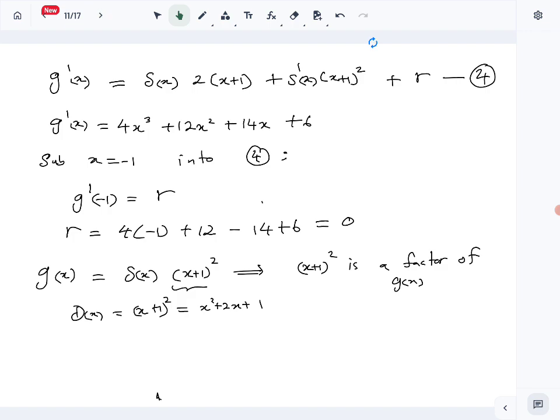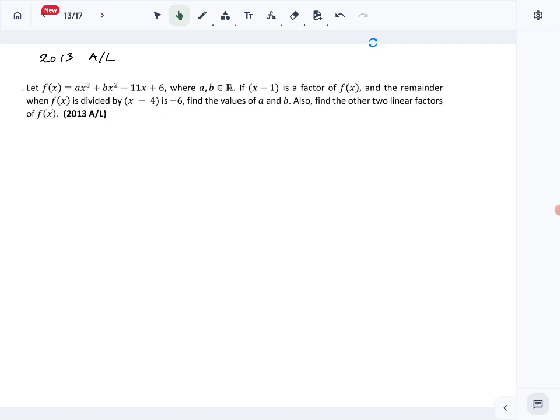Then let's look at the 2013 A level question. Right. What do we have? A cubic polynomial is given, and x minus 1 is a factor of f of x, and the remainder when f of x is divided by x minus 4 is minus 6.